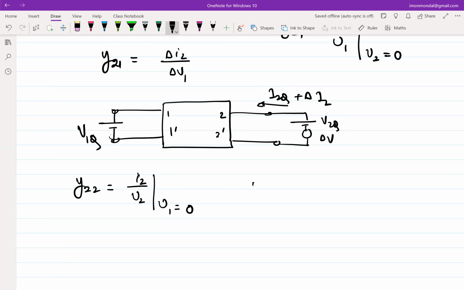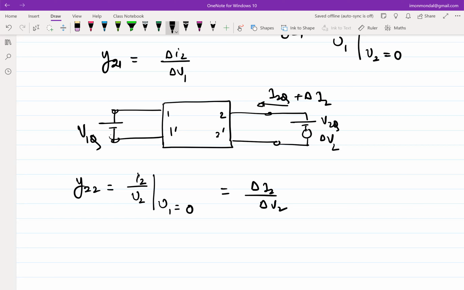So your Y22 will be delta I2 over delta V2. And from the same setup, you should be able to find out what your Y12 also is. Okay. Make sense?